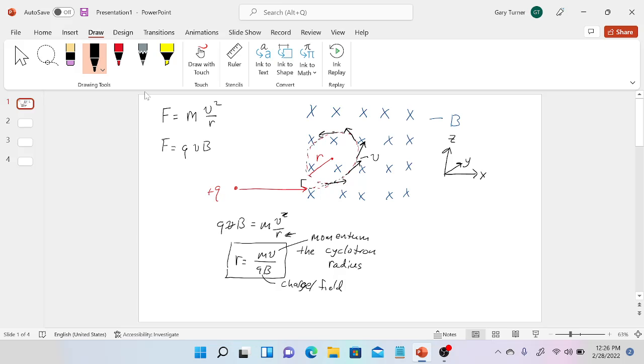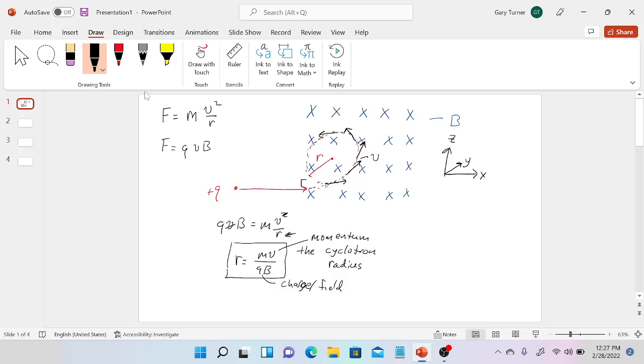There is a piece of technology known as a mass spectrometer, and it basically operates on this principle. If you have a material, particularly gases, and you don't know what the constituents or ingredients are of that gas, you can inject it with a known velocity into a magnetic field.